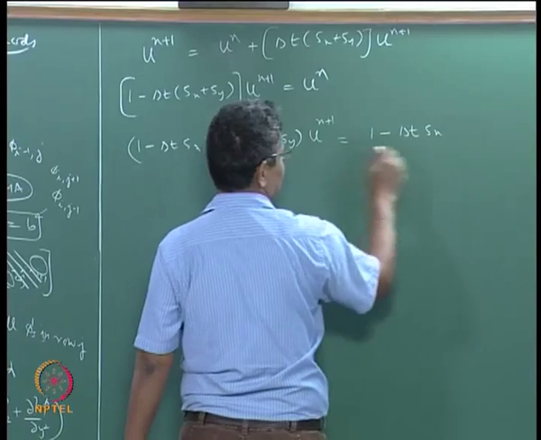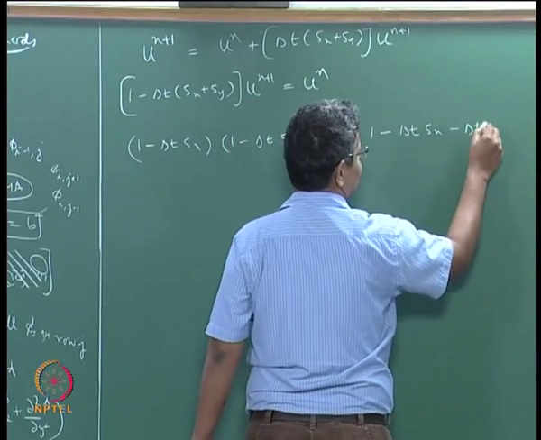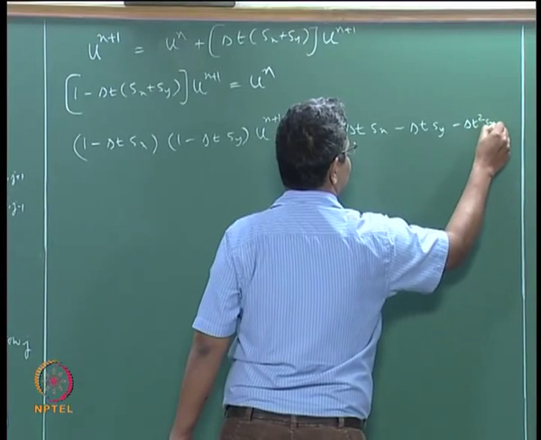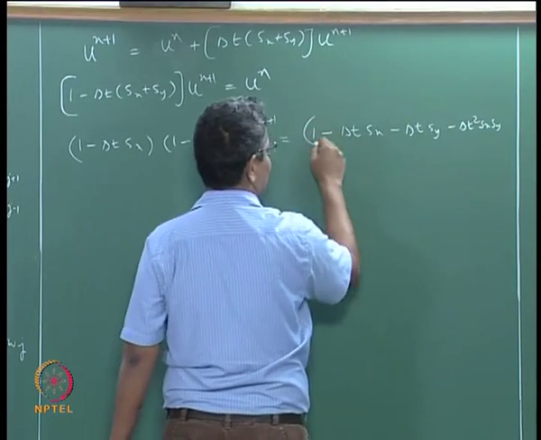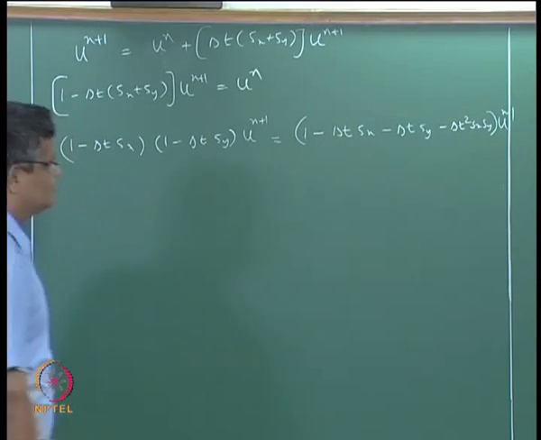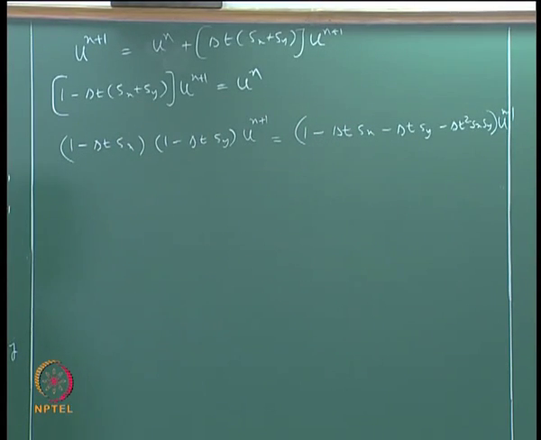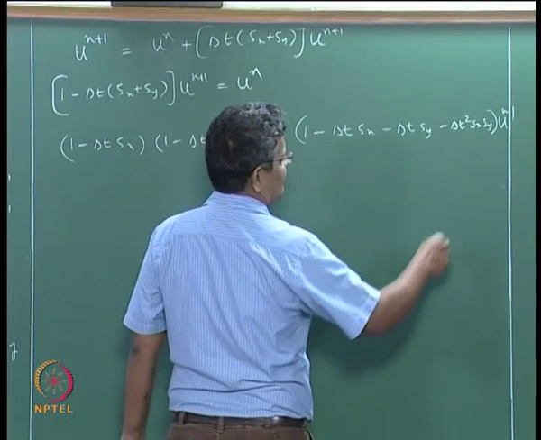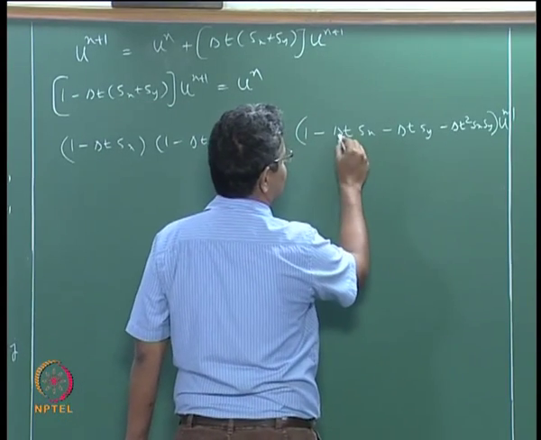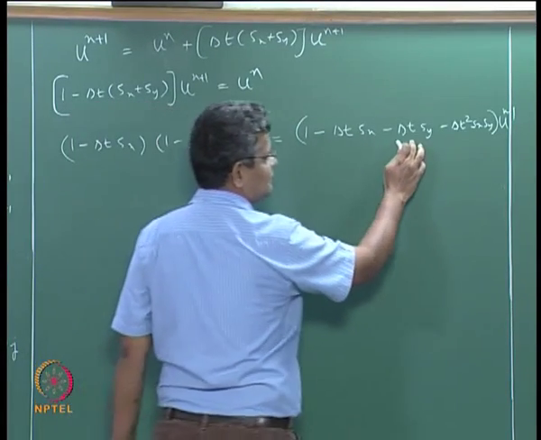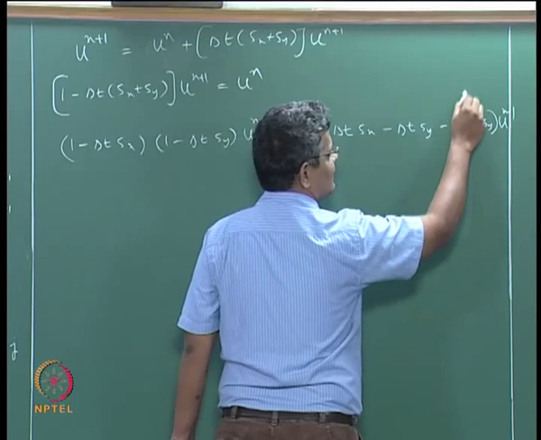Okay, so if we evaluate this, then this is equal to 1 minus delta t Sx minus delta t Sy minus delta t square Sx Sy times u n plus 1. If this is delta t and this is delta t square, then compared to this it is a higher order term.